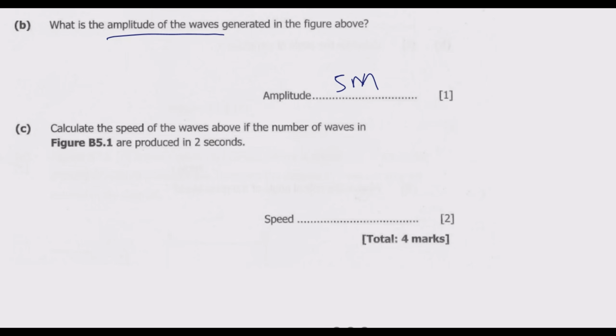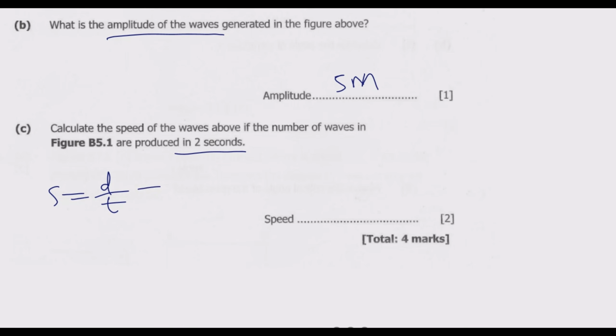We move to C. Calculate the speed of the waves above if the number of waves in figure B5.1 are produced in 2 seconds. There are 2 methods that you can use, but we are going with the quickest. Speed is given by distance over time. What is the total distance traveled by these waves?